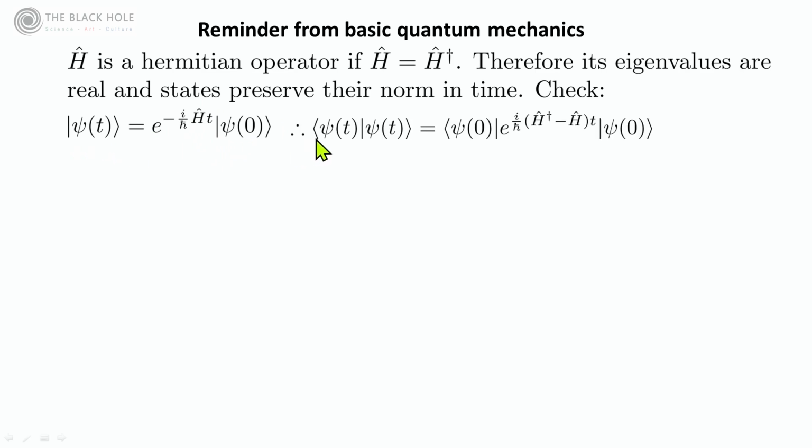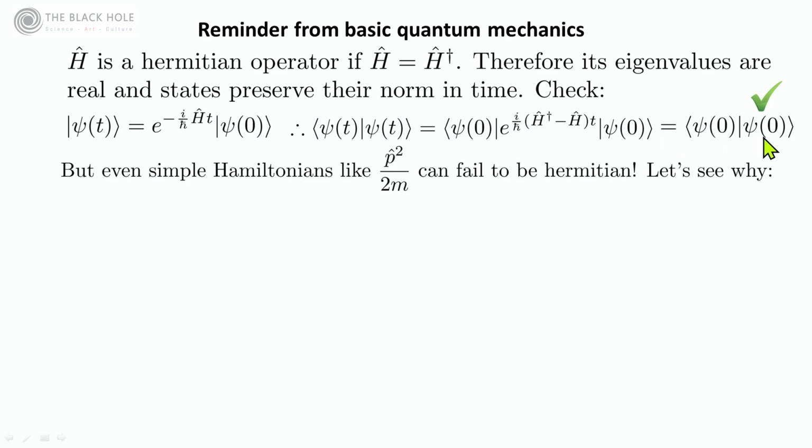And so if you compute the norm of the state psi of t, then of course you have this. So in the complex conjugation, we get H dagger, H Hermitian conjugate, and i goes to minus i, and so of course you have this, and if H dagger is equal to H, well then the norm is constant, it's preserved.